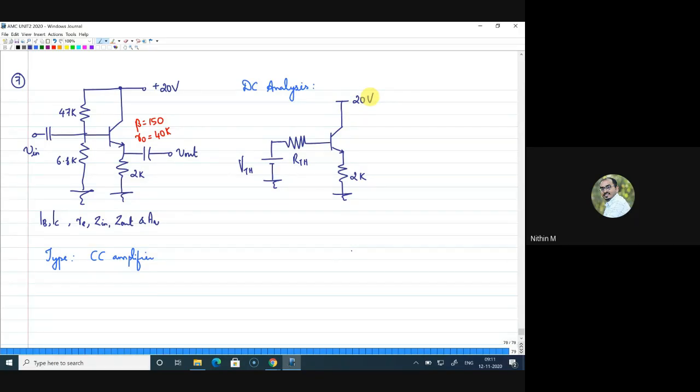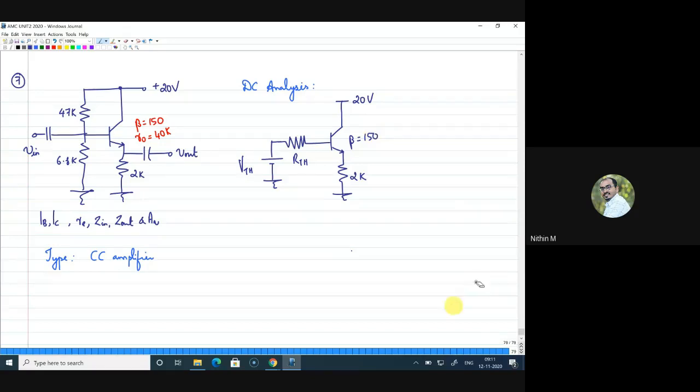Since it is DC analysis, I am considering the capacitors to be open, because capacitors give very high reactance to DC. The equivalent circuit for the DC analysis is this, with the transistor having a beta of 150.